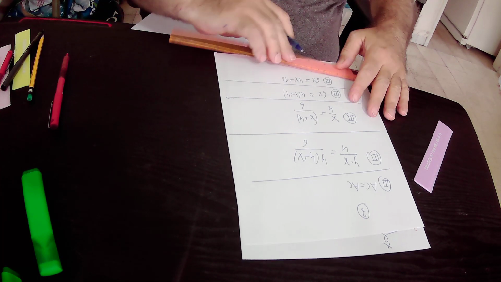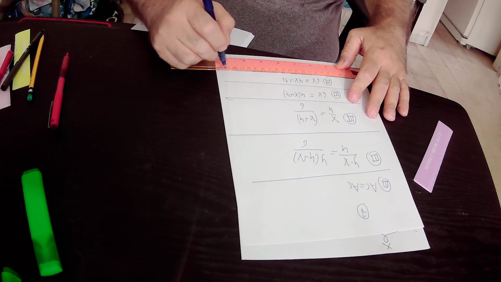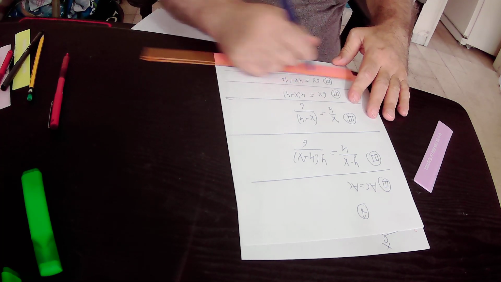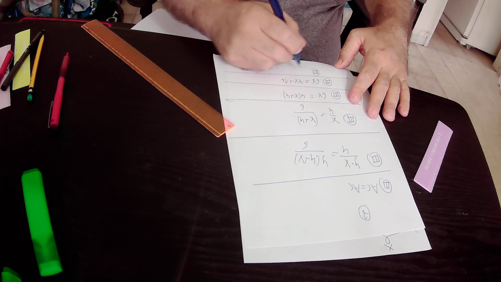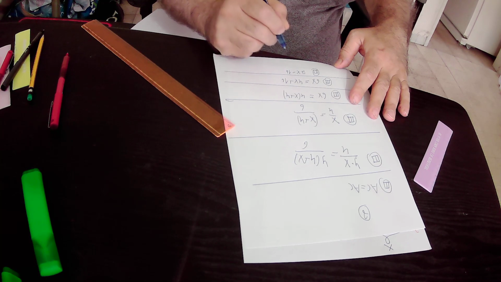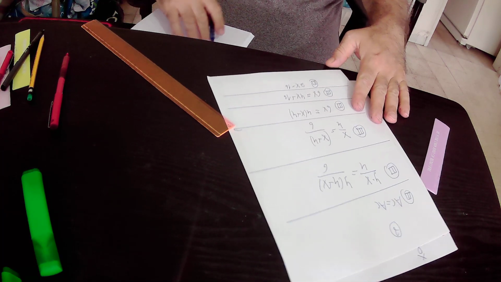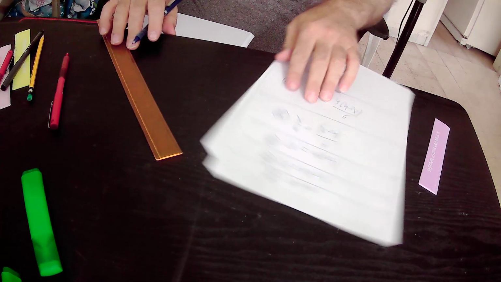So here we will subtract 4X from both sides, and we get that 2X equals 16.